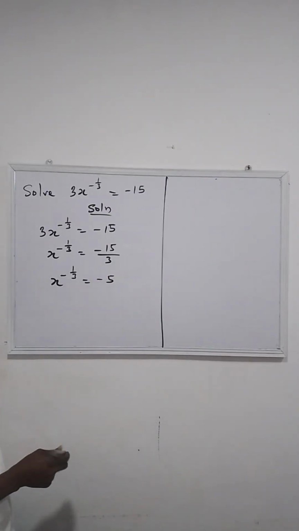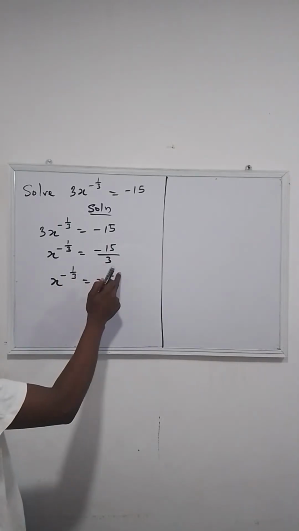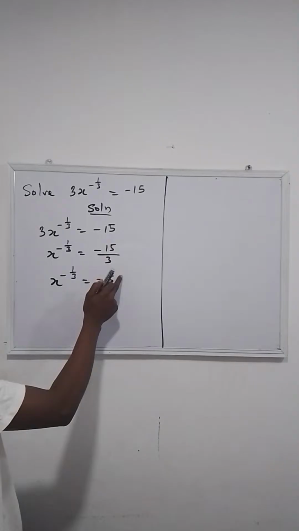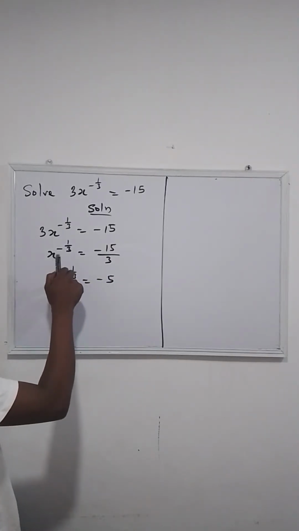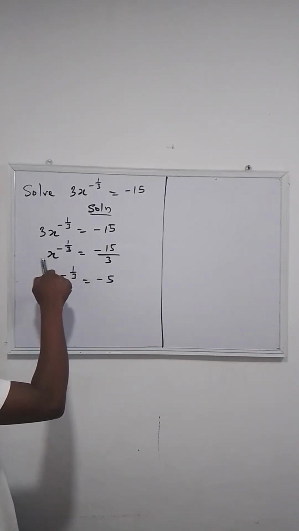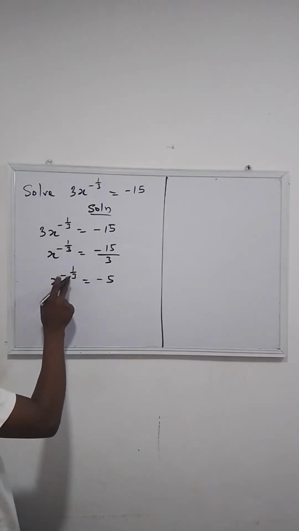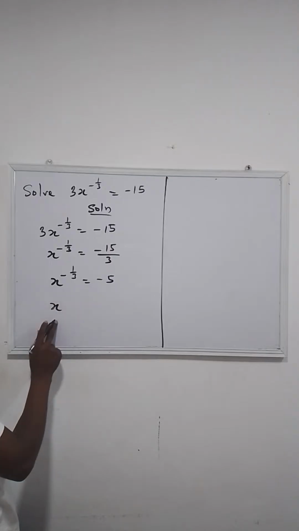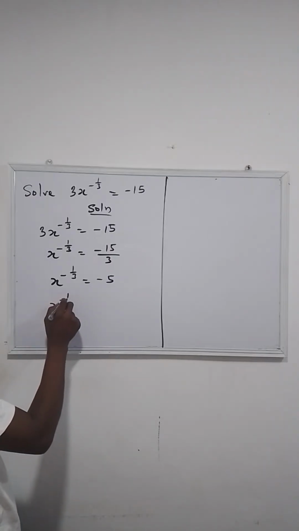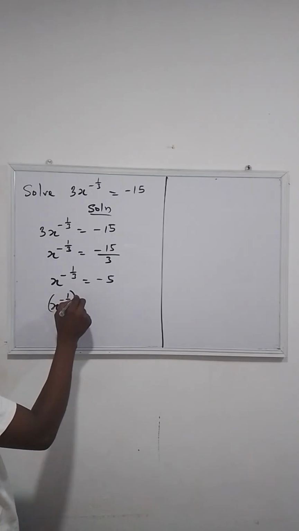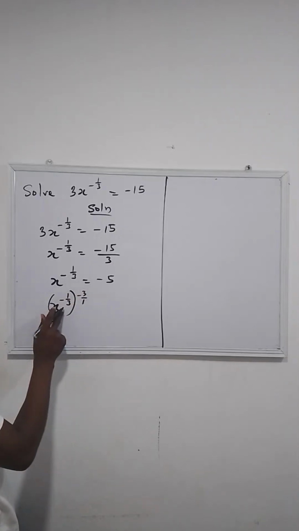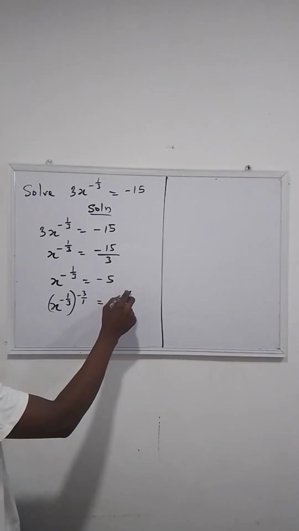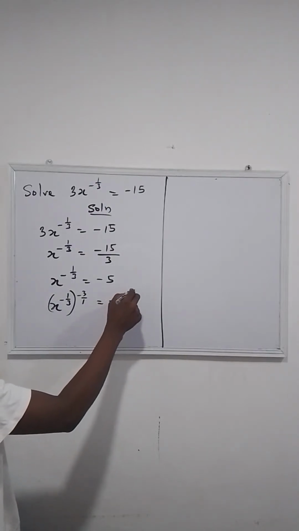So now the next thing is to multiply the power by the negative reciprocal of what we have here, the power of x, so that we clear what we have on x. So this becomes x raised to the power of negative 1 over 3 times negative 3 over 1, that's the reciprocal of this, equals negative 5 raised to the power of negative 3.